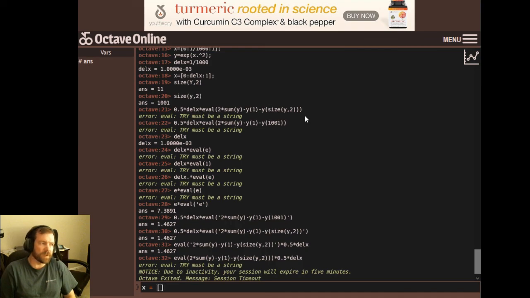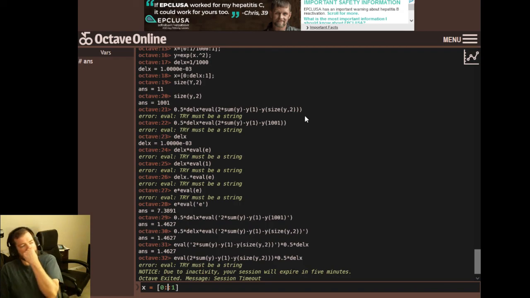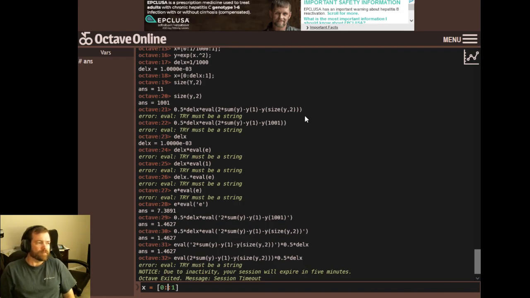Let's do a small subinterval first. Let's do 0 to 1, but taken as, let's just do the 10 that we had before, so 0.1.